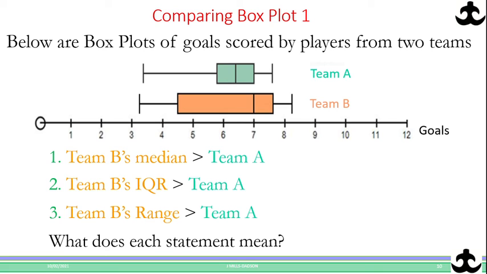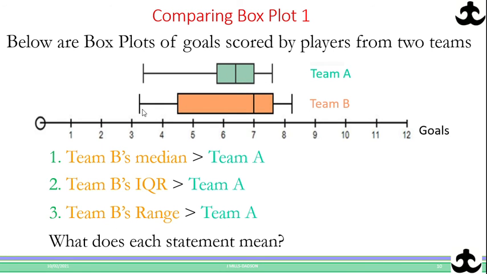The smaller the interquartile range, the better is the median. So here we can say that team B's interquartile range is bigger than team A, and that means that the median for team B, though bigger than A, is not reliable. It's not really consistent with the data. But this median for team A is more consistent with the data.